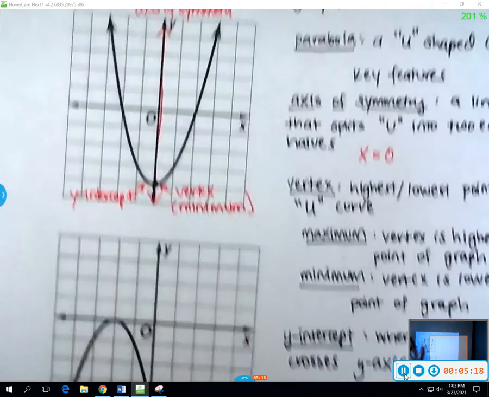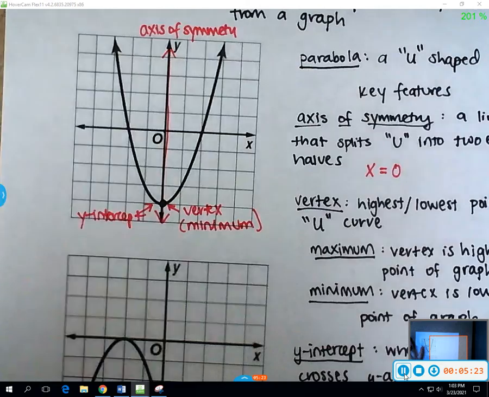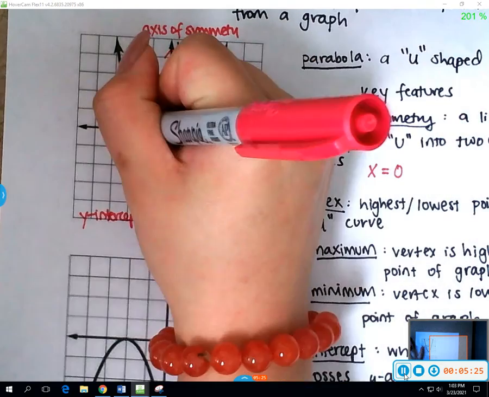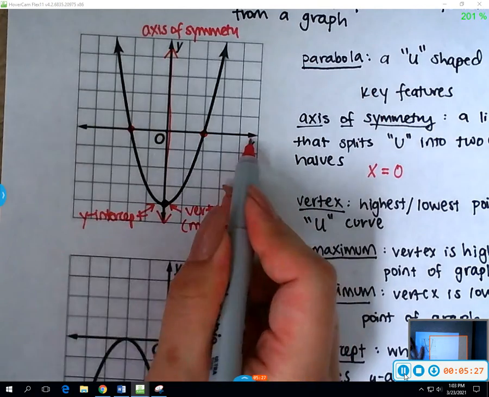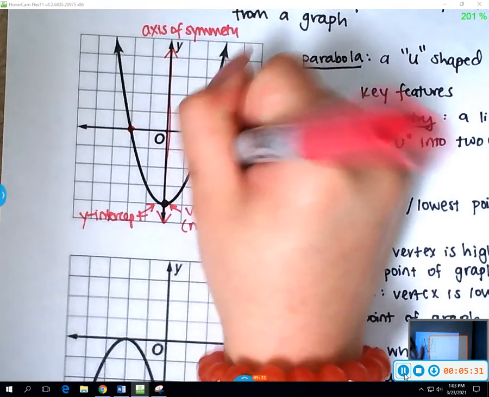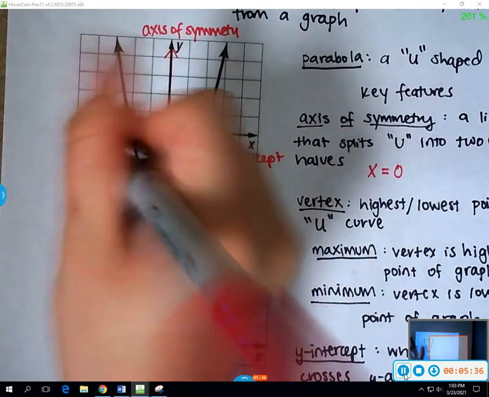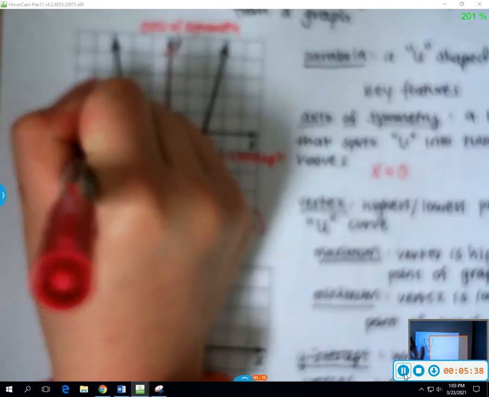And for this graph that we've been looking at, it crosses our x-axis twice. There is an x-intercept right here and right here. This is our x-axis, and we can see the U goes through these 2 points right here. So this is our first x-intercept, and this is our other x-intercept. So this graph has 2 of them.